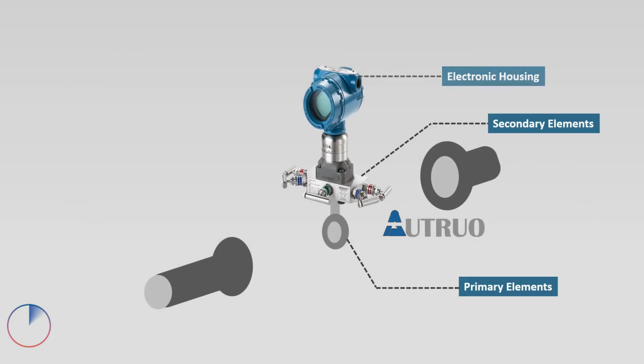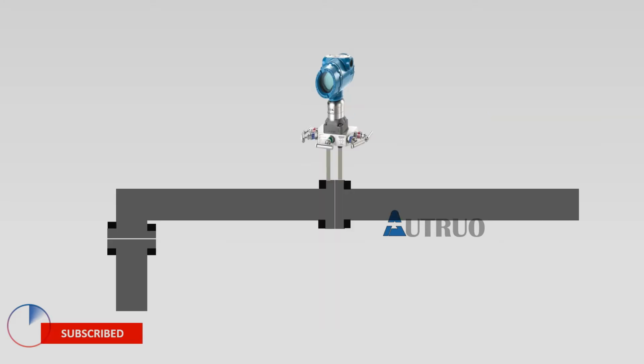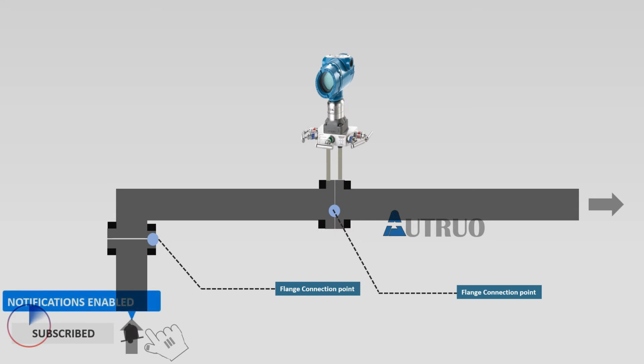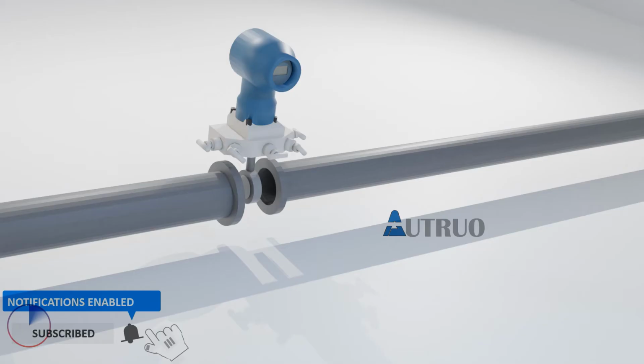This instrument uses the primary and secondary elements to measure pressure in pipes. Of course, the pipes should be checked for pressure leaks within, and the flange should be properly fastened to the pipe in a way that will prevent fluid leaks. The primary element produces pressure with respect to flow within the pipe.